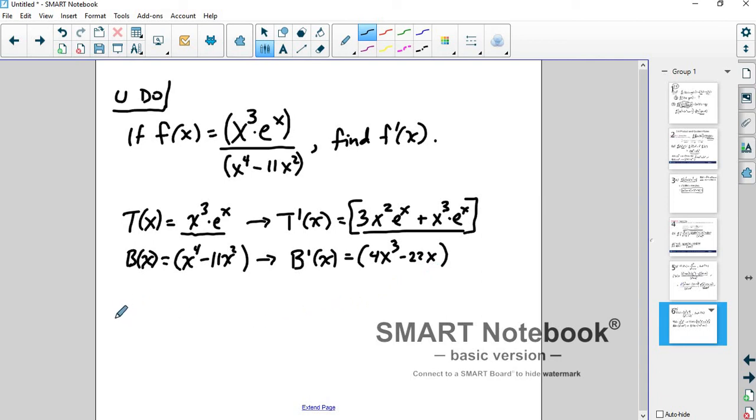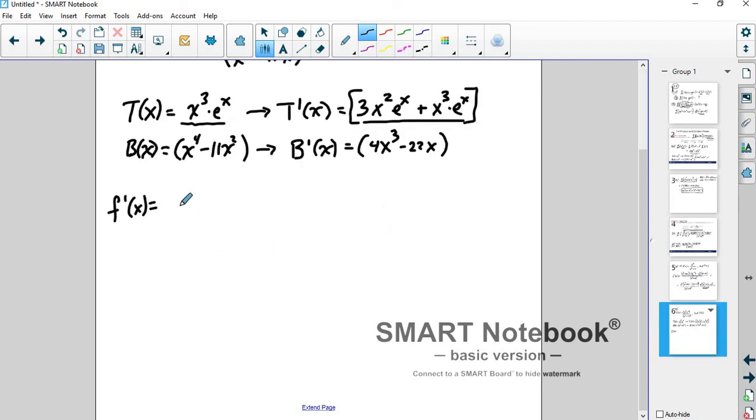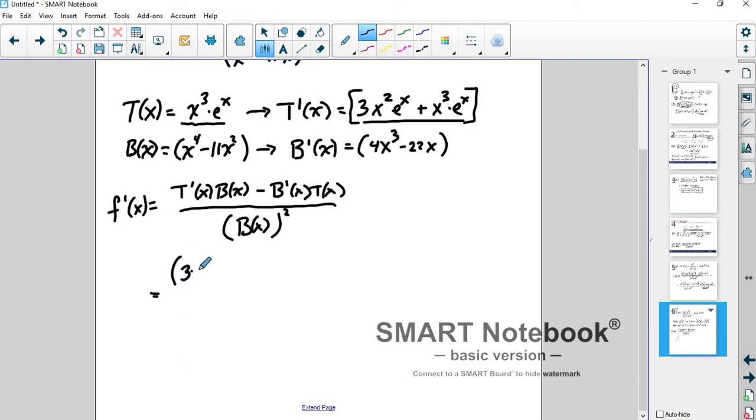And now when I go to find the derivative, I'm going to follow my formula, t prime of x times b of x minus b prime of x times t of x, all over b squared. So let's plug in. T prime is all this stuff. You got to group it.